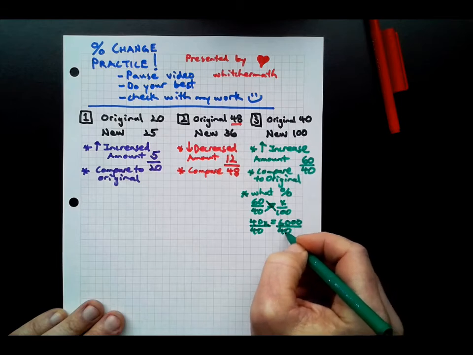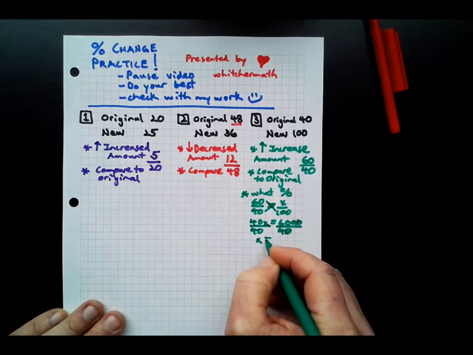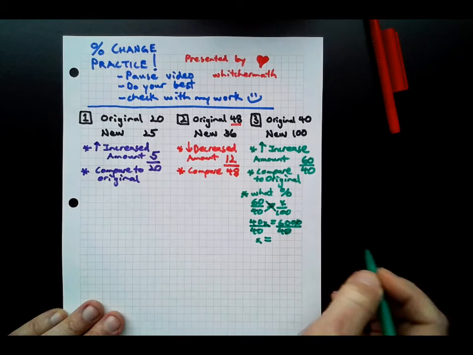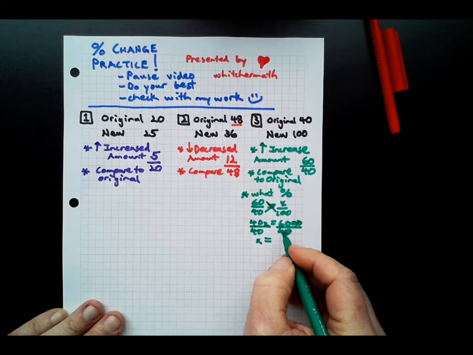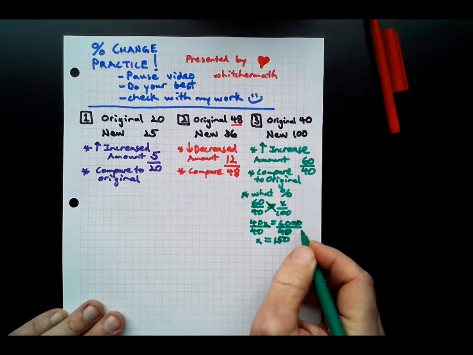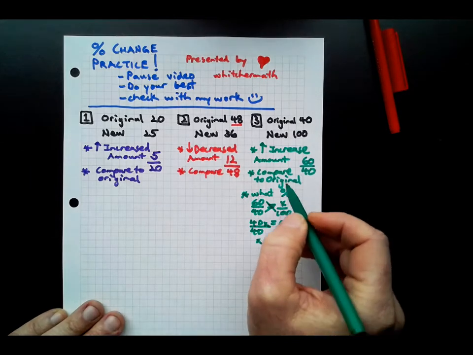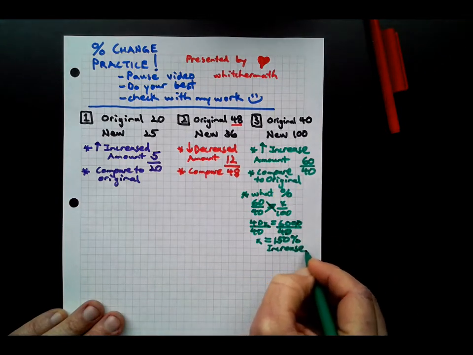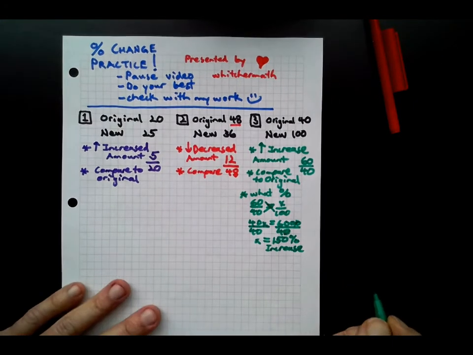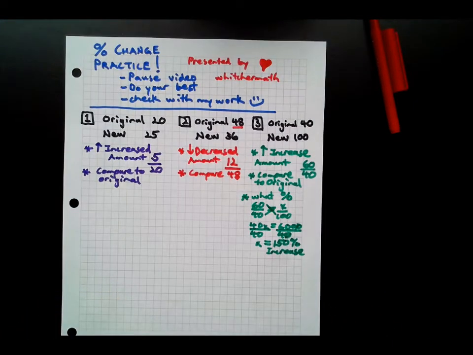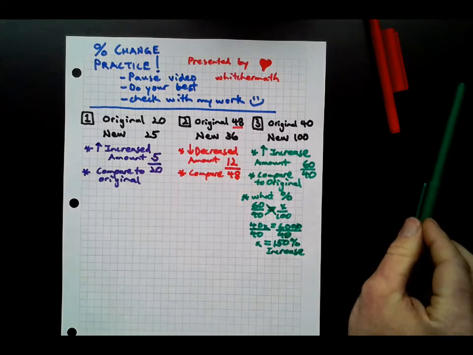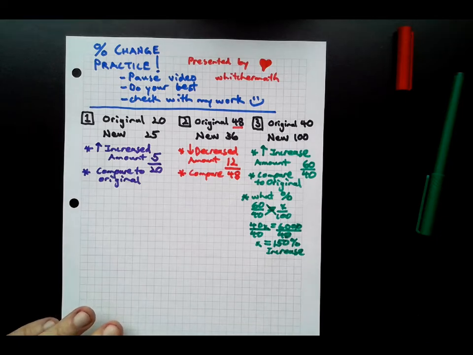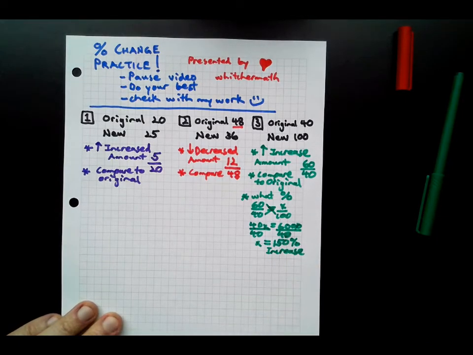So x equals, I just crossed out these zeros. They match up. That's the equivalent of dividing top and bottom by 10. x equals 150% increase. It's important to write the word increase or decrease, not only for your own reference if you ever look back at your work, but also in consideration of any teacher or whoever your audience might be reading your work. They want to know that you understand this whole concept.